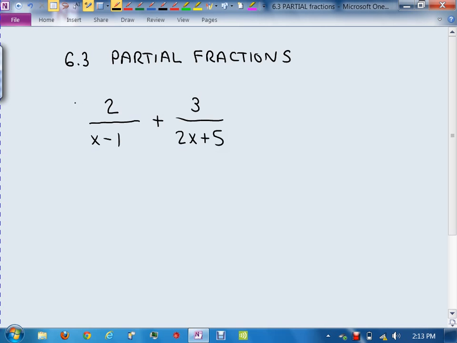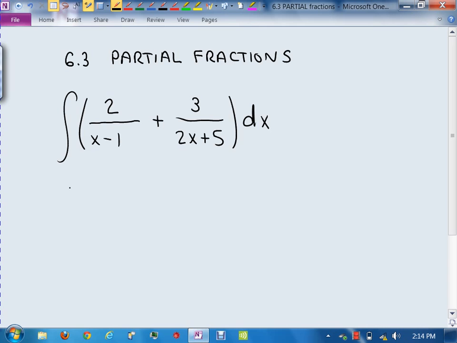And let's go ahead and do an integral on this, okay? Let's do this integral. Hopefully you realize that these integrals are pretty basic. But we haven't done a whole lot with these yet, so let's just go through it.